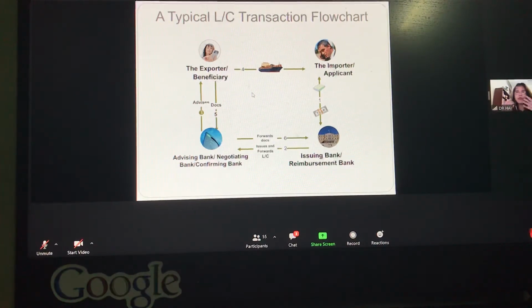I think that you are not worried about that, but I want you to remember that under LC transaction, it might have more than one BE. But remember, if the drawer is the exporter, the drawee is Exim Bank.